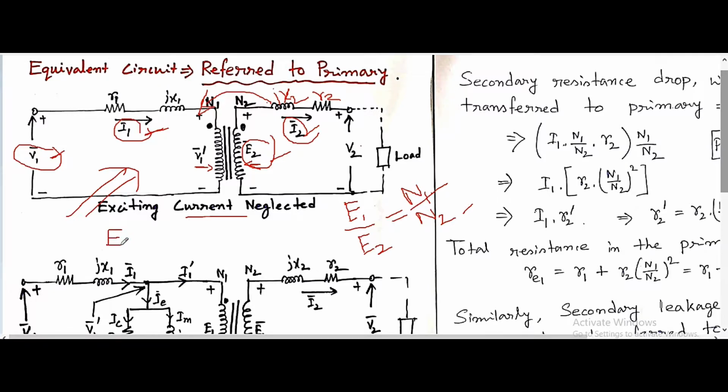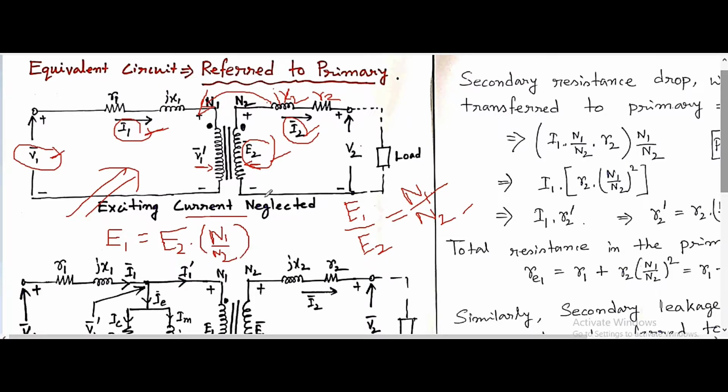From this equation we can write that E1 equals E2 into the turns ratio, N1 by N2. So the primary induced EMF will be equal to the secondary induced EMF when we multiply the secondary induced EMF with the turns ratio, N1 by N2.